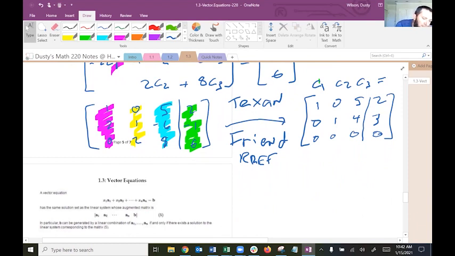So what this is saying is that C1 plus 5 C3 equals 2. C2 plus 4 C3 equals 3. And then C3 is our free variable.